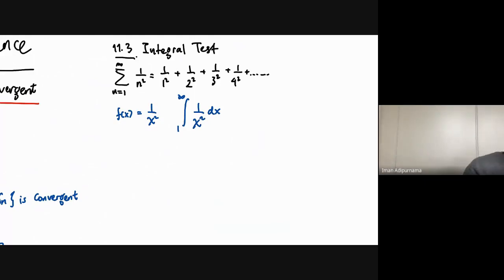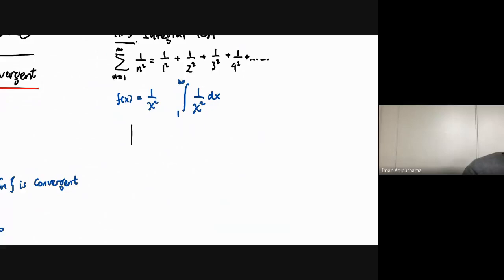Let me draw first the n and the graph for the area under the curve.